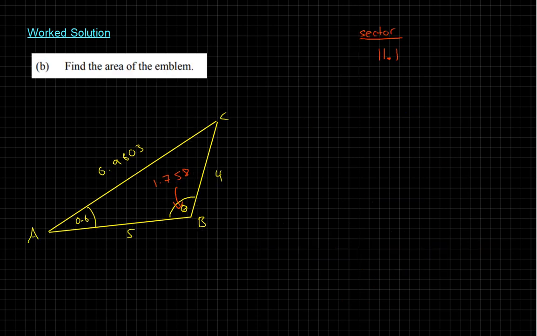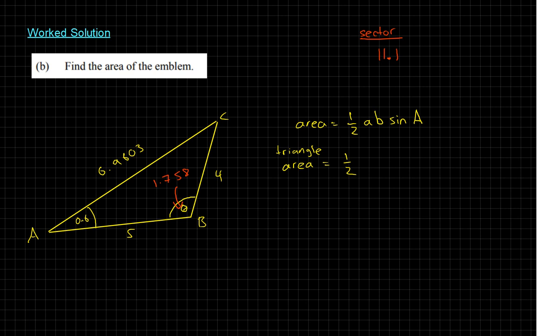This is not too difficult. So the rule we're going to use here is the fact that the area of a triangle can be determined with the formula 1/2 times the product of 2 neighbouring sides times the sine of the angle between those 2 sides, capital A. So in this case, let's just choose appropriately. So this is the triangle area. Let's do 1/2 times, so we've got 2 sides and an angle. Yep, you've got 5, you've got 6.9603, and you've got the angle between them, 0.6.